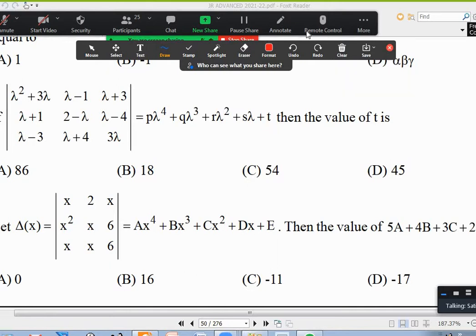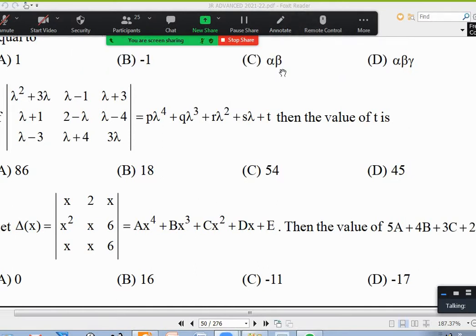Does anybody want to give an idea how to do the 20th question? Have all of you tried these questions or not?